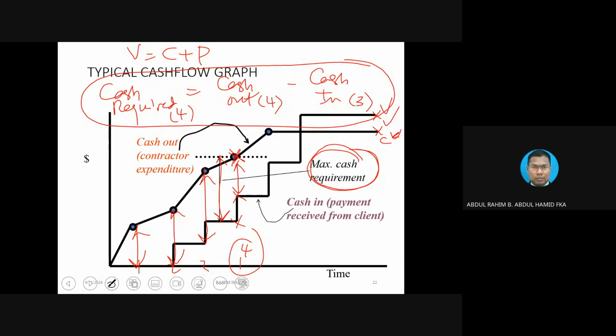The last question normally is associated with the monthly payment received, not the cumulative. Monthly payment received on a particular month.